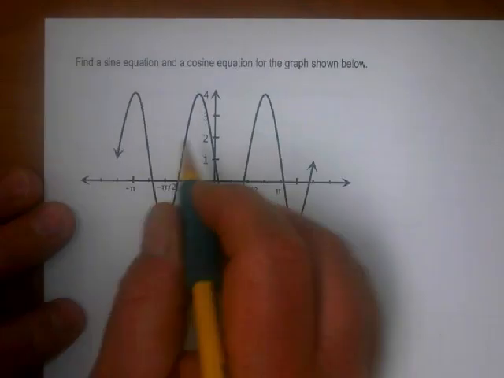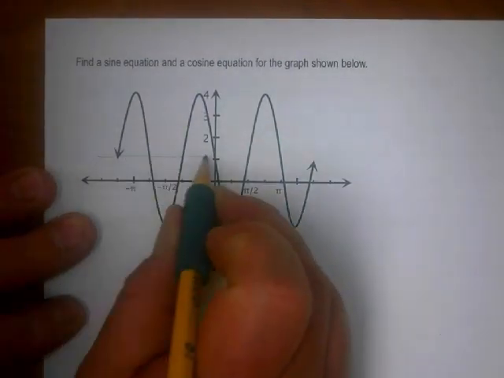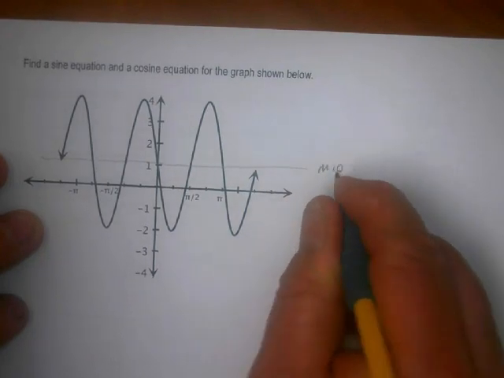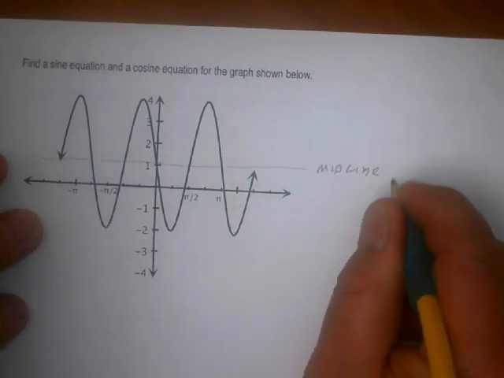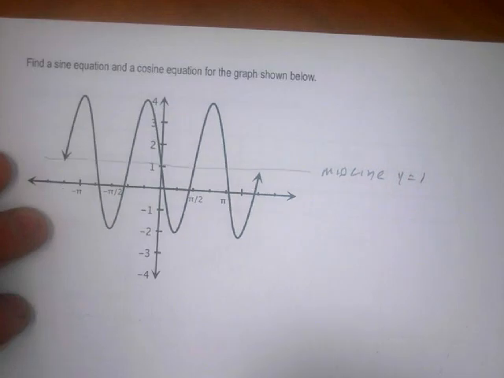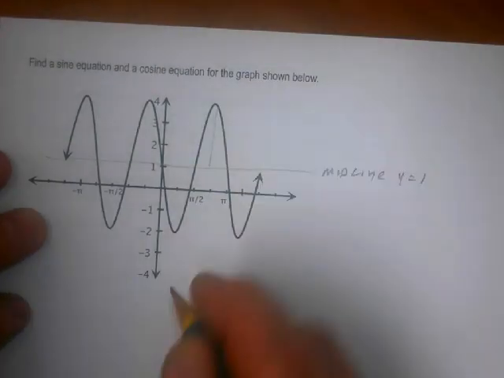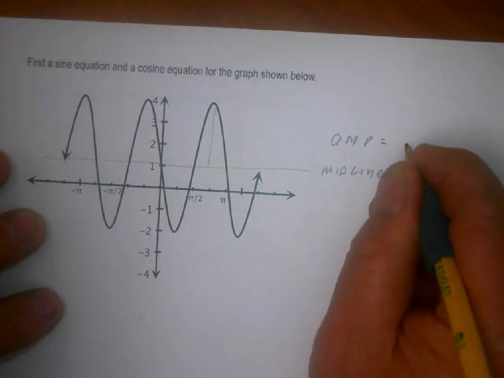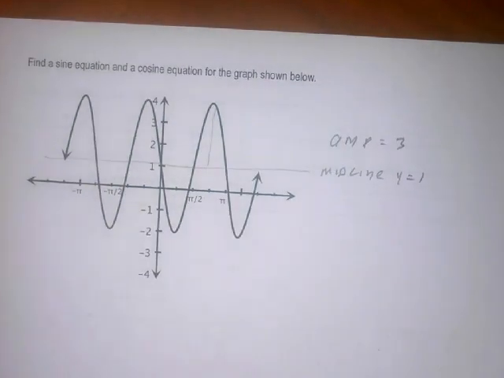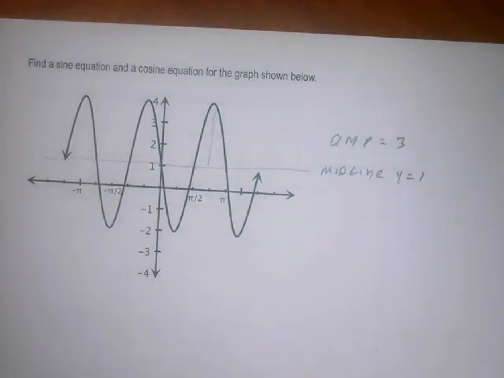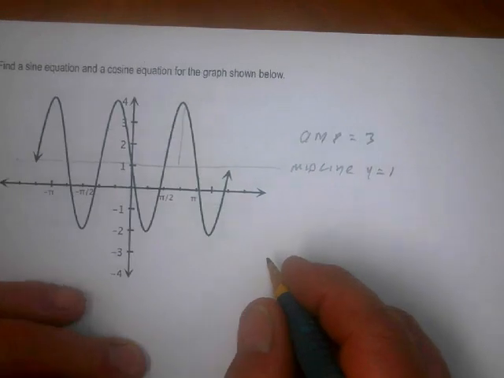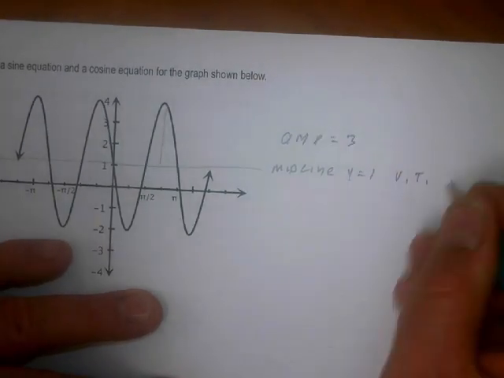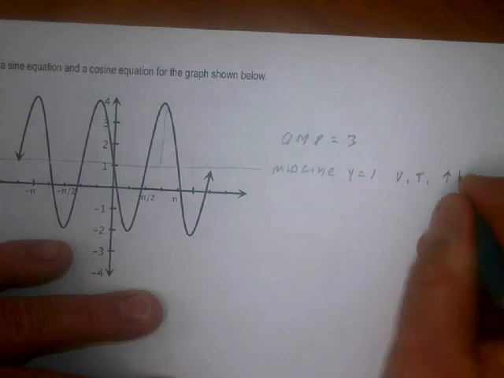So here we are being asked to write a sine curve and a cosine curve of that graph. All right, no big deal. My midline is right there, y equals 1. From there, my amplitude is 3.